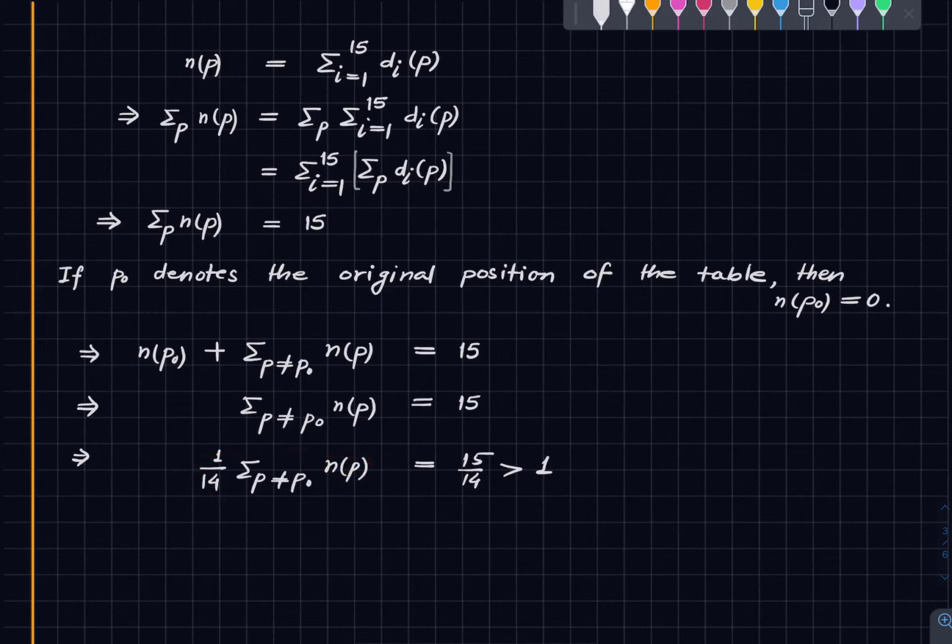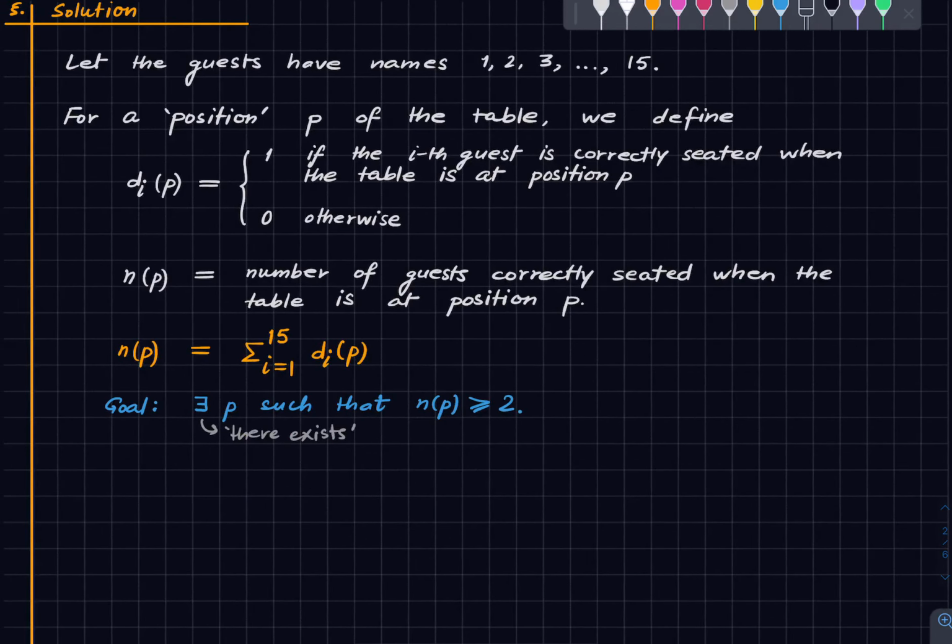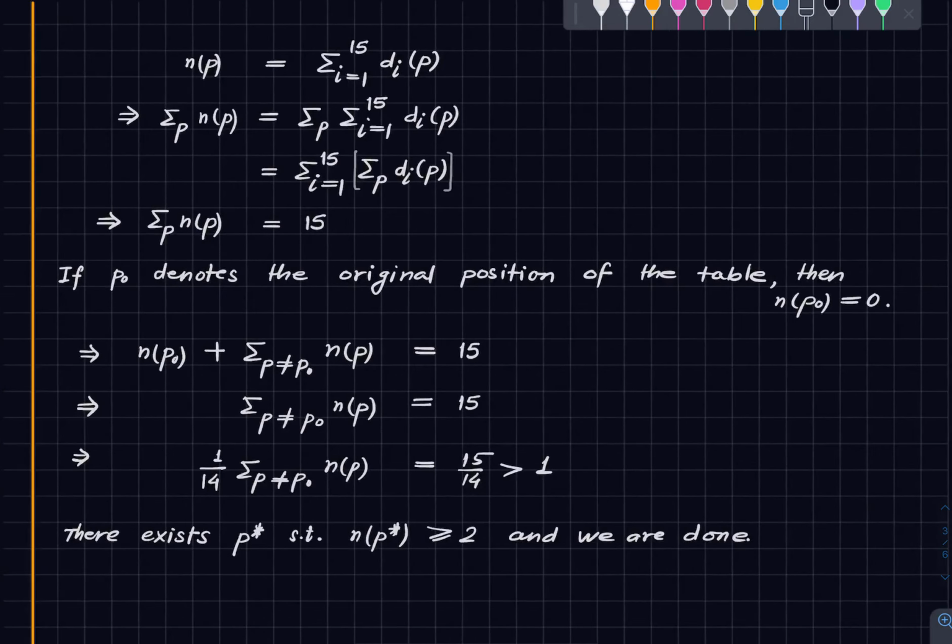So therefore, there exists a position P star such that N(P star) is at least 2, and we are done. This is what we wanted to show. So this is what we had written here. So that's it. Very nice solution.